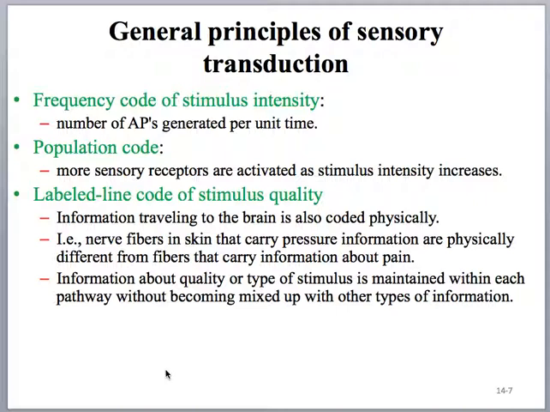These sensory or pain responses are coded, that is, nerve fibers in the skin that carry pressure information are physically different than those in the skin that carry information about pain. And they travel differently too. This is something that you'll see a little bit later.